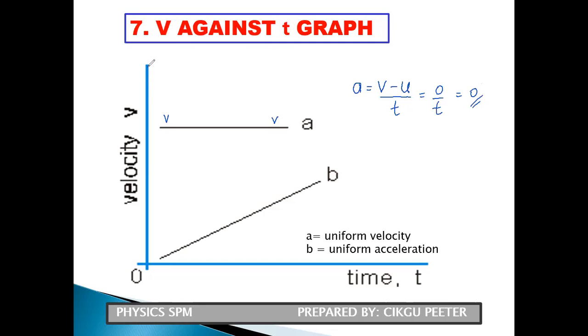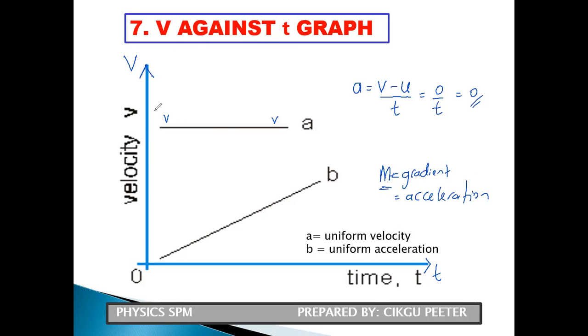So in a graph of v against time, the gradient of the graph represents acceleration.